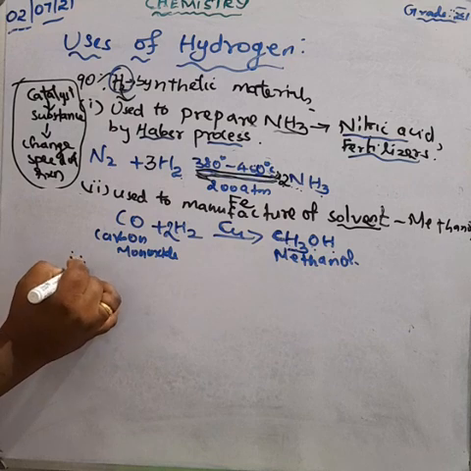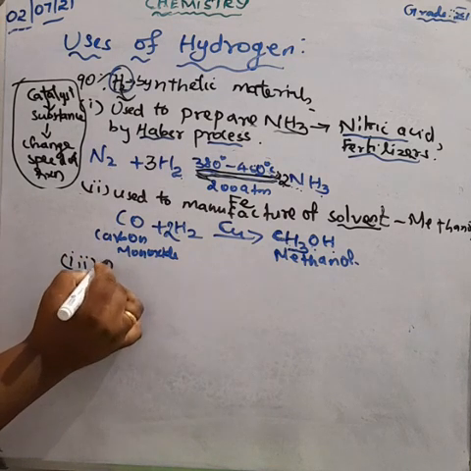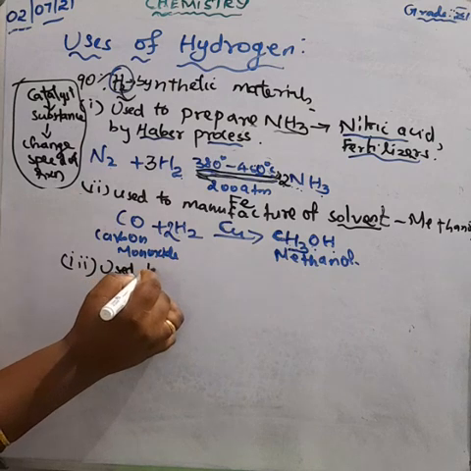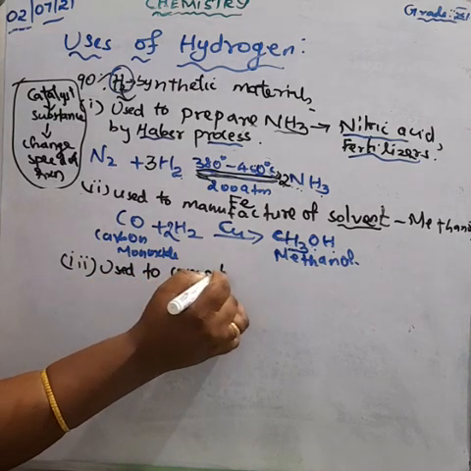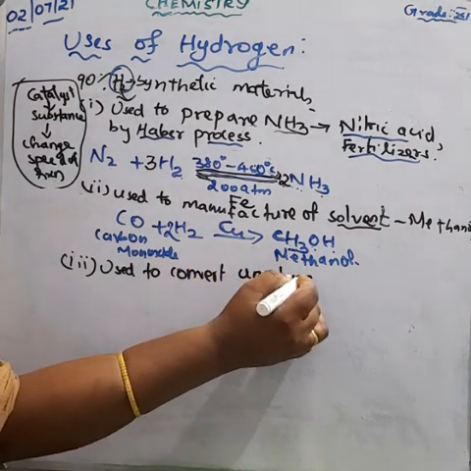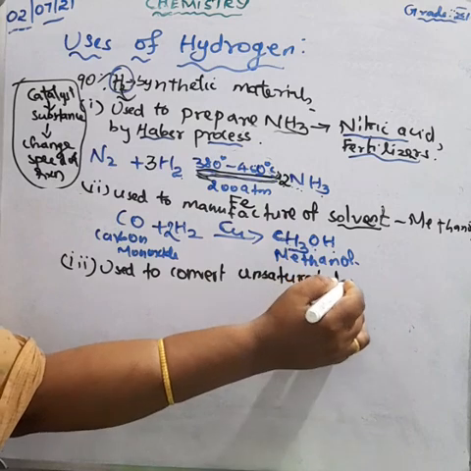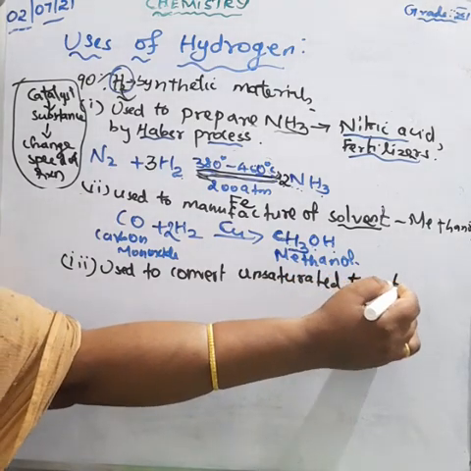And what is the third use of hydrogen? Hydrogen is used to convert unsaturated fatty oil to saturated fats.